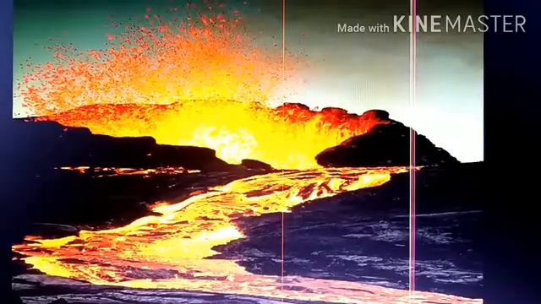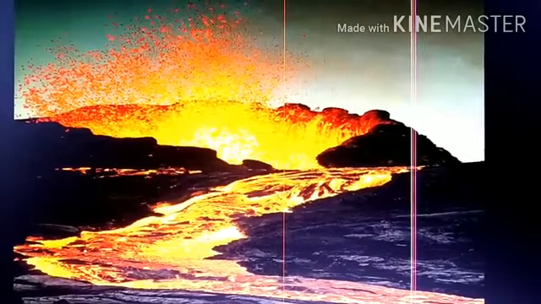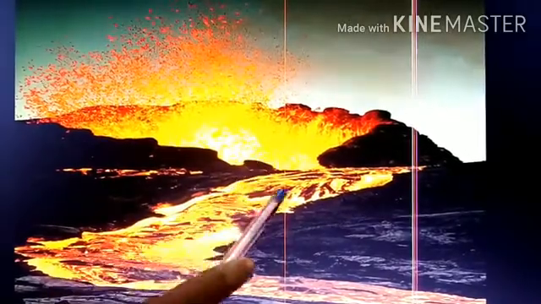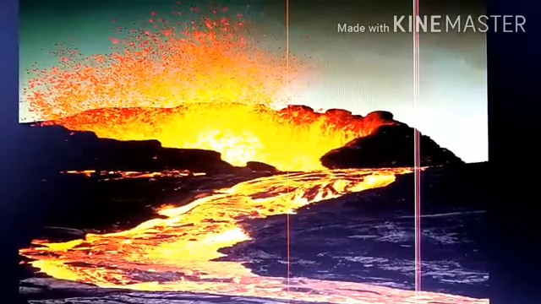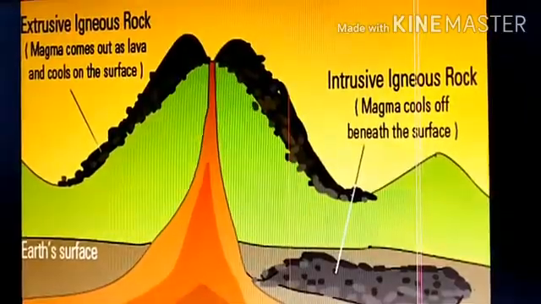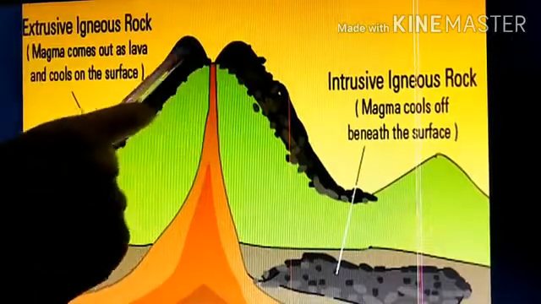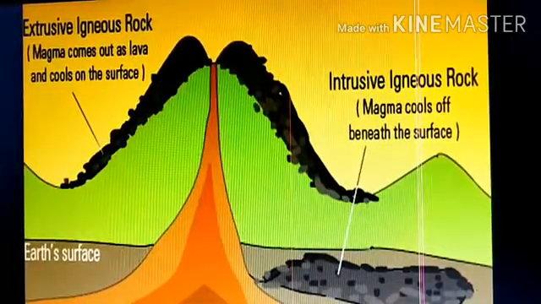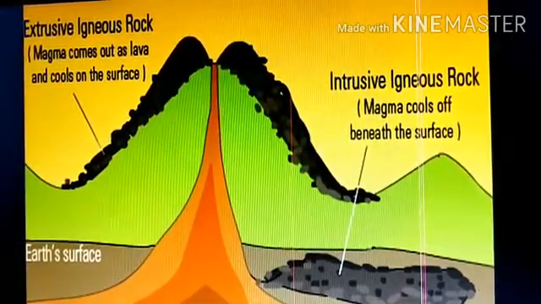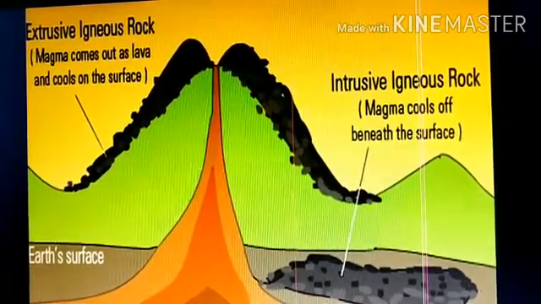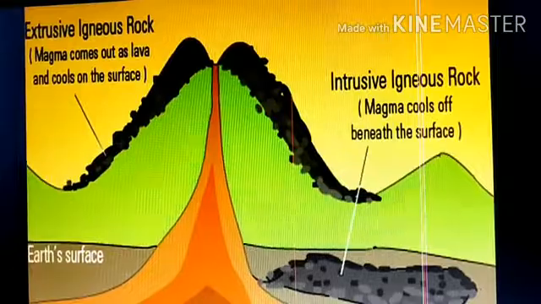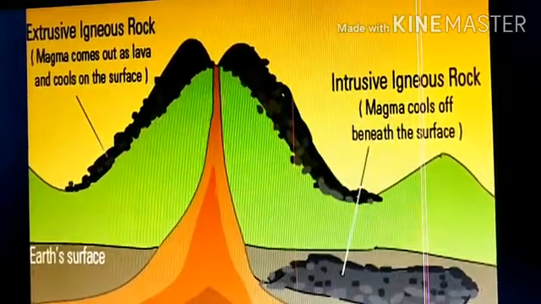Lava is fiery red molten magma coming out from the interior of the earth onto its surface. When this molten lava comes onto the earth's surface, it rapidly cools down and becomes solid. Rocks formed in such a way on the crust are called extrusive igneous rocks.